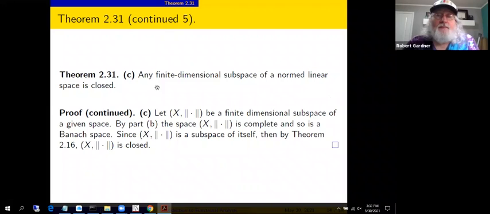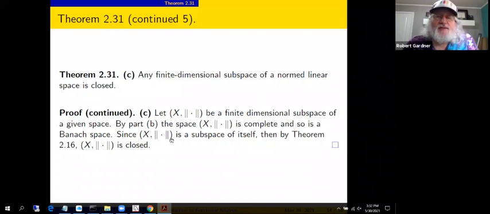Finally, for this theorem, the claim is any finite dimensional subspace of a normed linear space is closed. So take X, a normed linear space, to be a finite dimensional subspace of some given normed linear space. By part B, we know finite dimensional spaces are complete. So we've got a complete normed linear space. We got a Banach space.